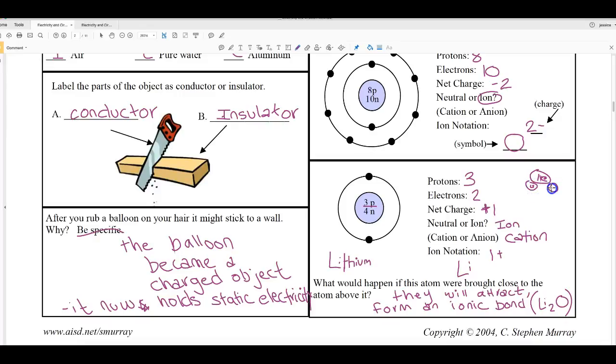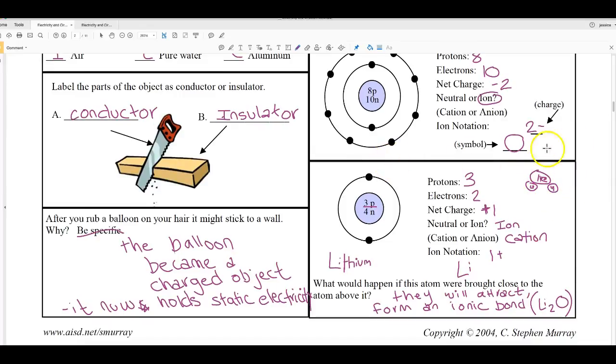Not a very good drawing. So if they lost their electron, they gave it to neon. So you have 2 lithiums that lost an electron, gave it to neon, and now they're paired up, and they're both satisfied with their outer shell configurations. But don't worry about that because we're going to do that next time.